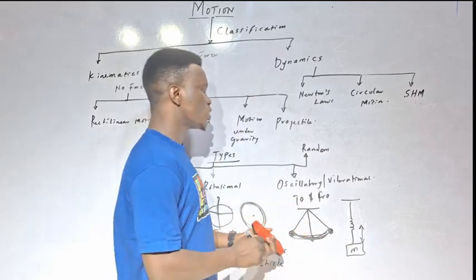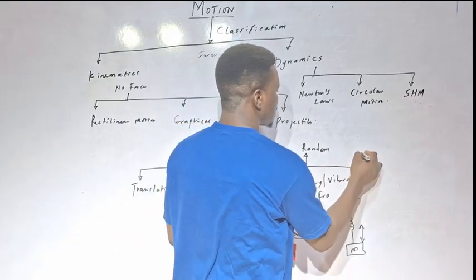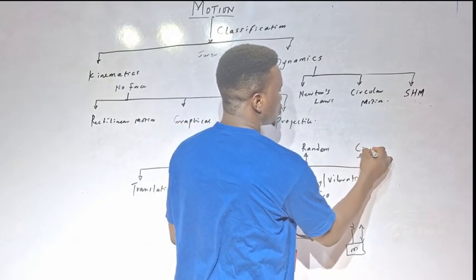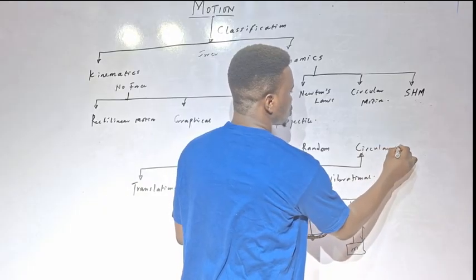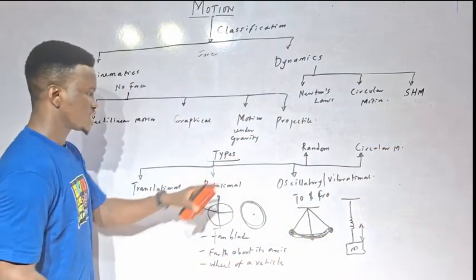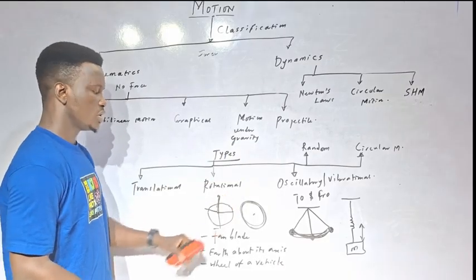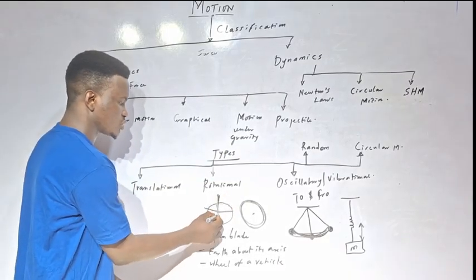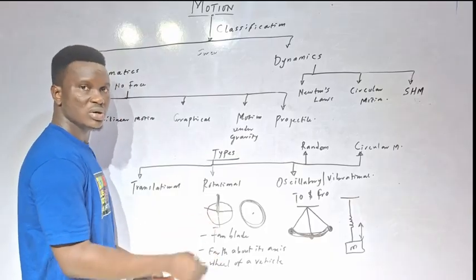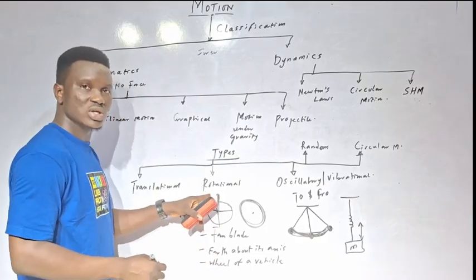The next one you might likely see is circular motion. I just want you to note the difference between circular motion and rotational motion. When a body rotates about its own axis, we call it rotational motion.